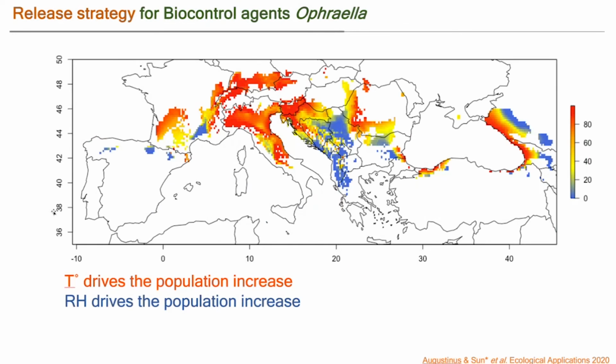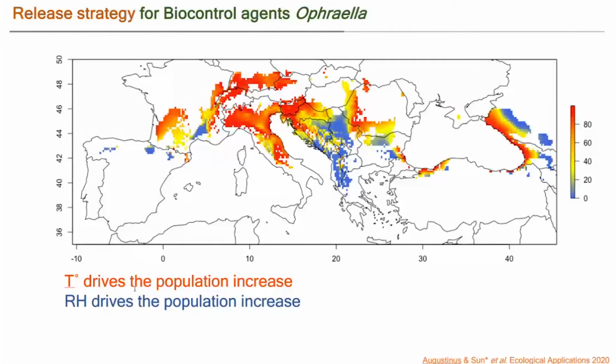Again, we can transfer this formula back to the geographic map in Europe. Here, the red color means temperature drives the Ophraella population growth. Blue indicates relative humidity drives population increase. So one day, if we really think about biological control release, the mass release strategy, I think this will give us a great first idea of what strategy we should use.